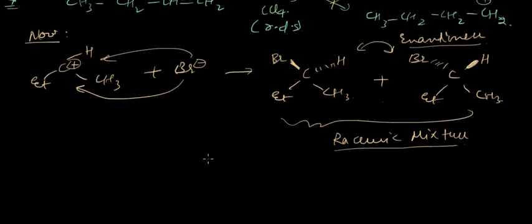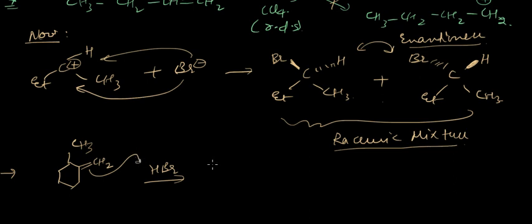Okay, so let us take another example wherein we have this ring, this CH3, and let's have this double bond CH2. So now in this case, if we attack it with HBr, the double bond being a nucleophile will have a positive charge on this carbon.